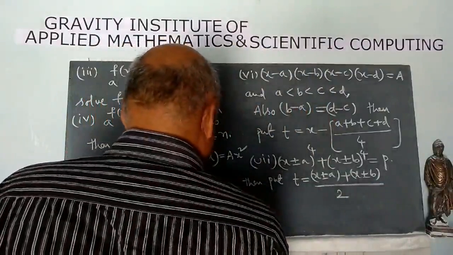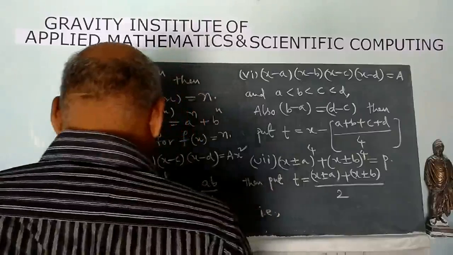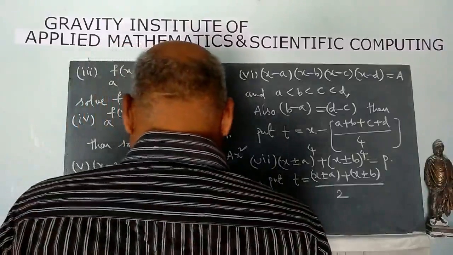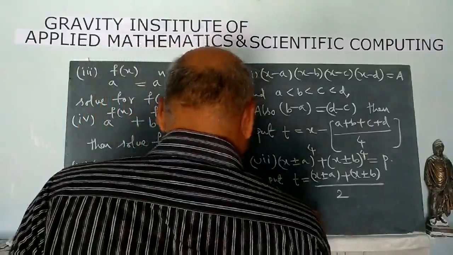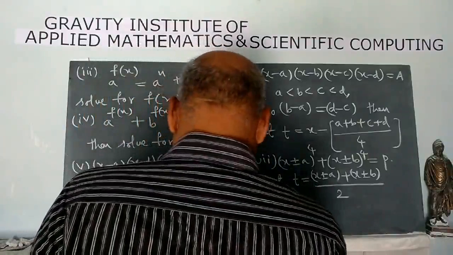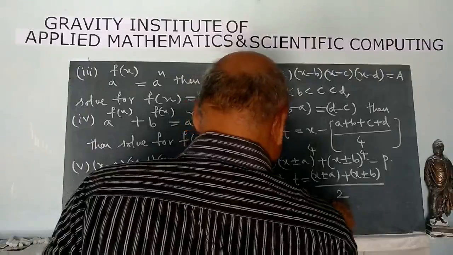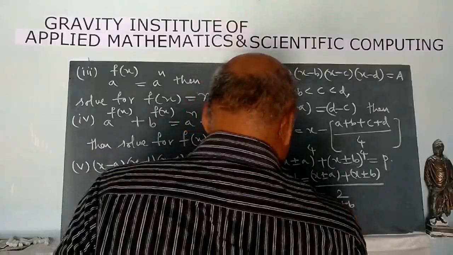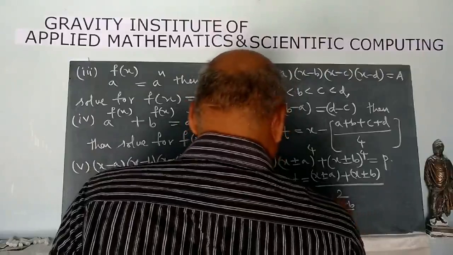That is, t is equal to x plus or minus (a plus b) by 2.